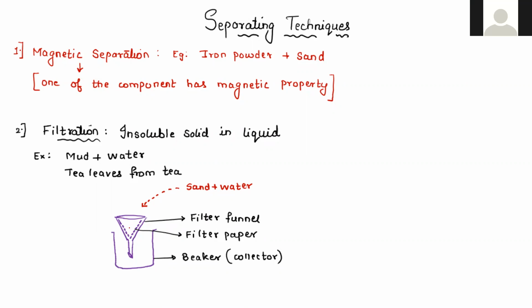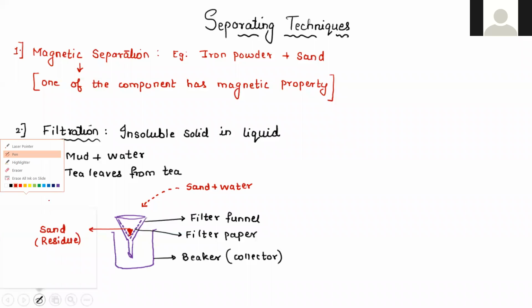So on the filter paper there will be sand. It will always be the solid particles that get accumulated on the filter paper, and that is called the residue. Whenever a solid component is accumulated, that is called the residue.